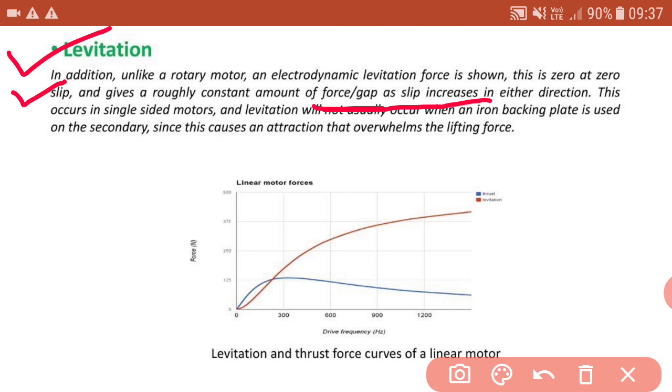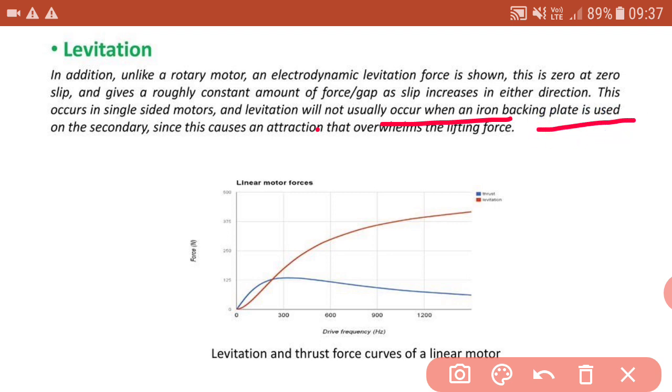This occurs in single-sided motors, and levitation will not usually occur when an iron backing plate is used on the secondary.